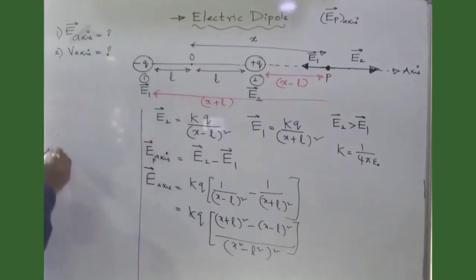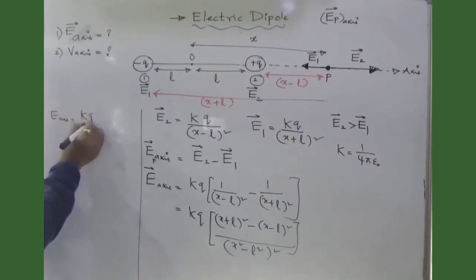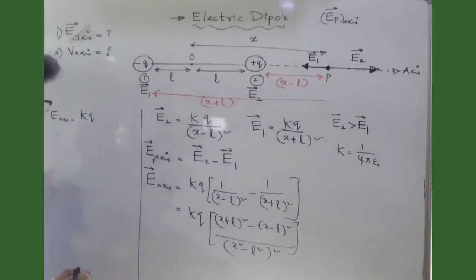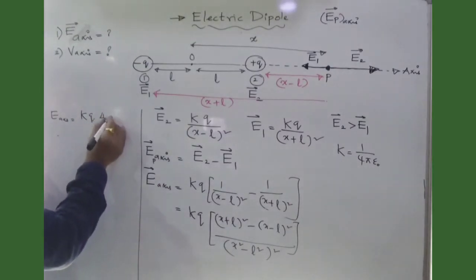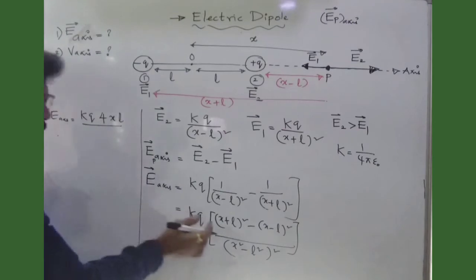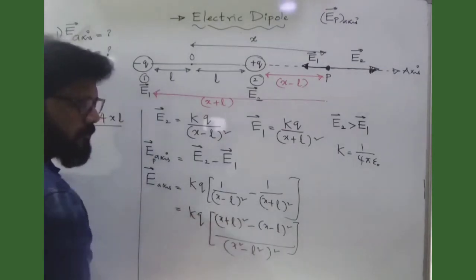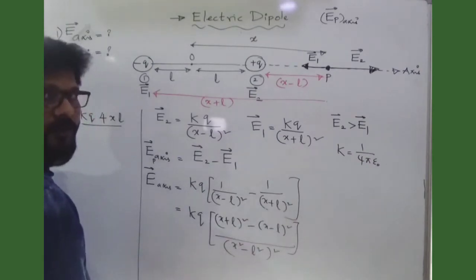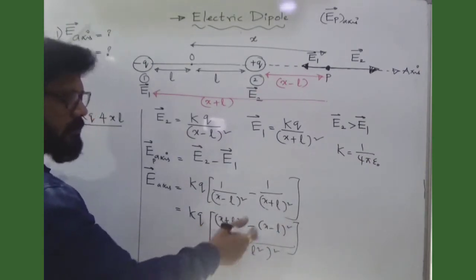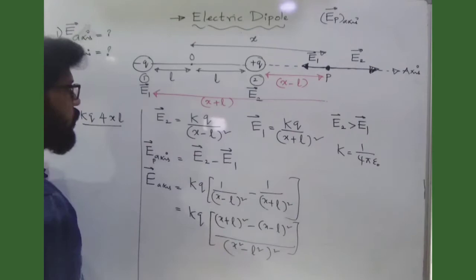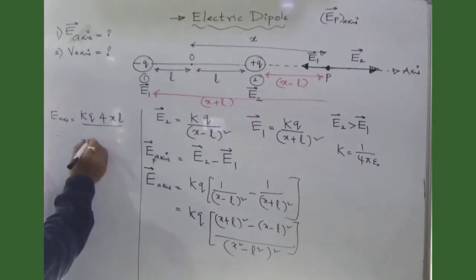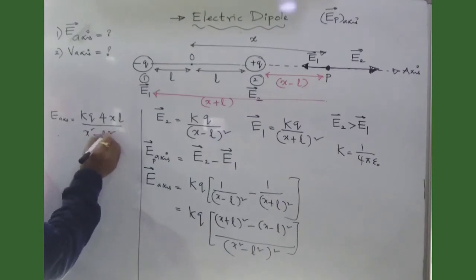Yeah, very good. You will be getting 4x into L. This is a square plus b square plus 2ab minus a square plus b square minus 2ab. These terms get cancelled, leaving 4xL divided by, in the denominator, (x square minus L square) whole square.